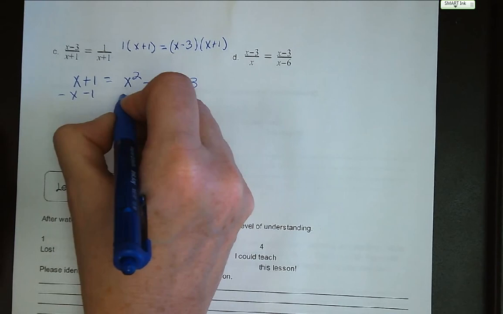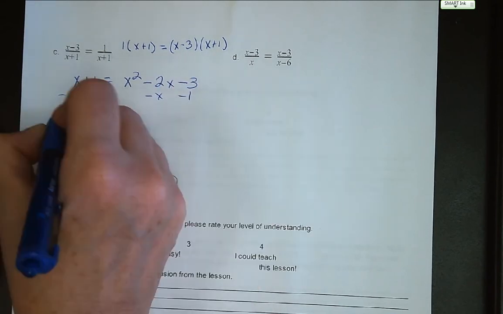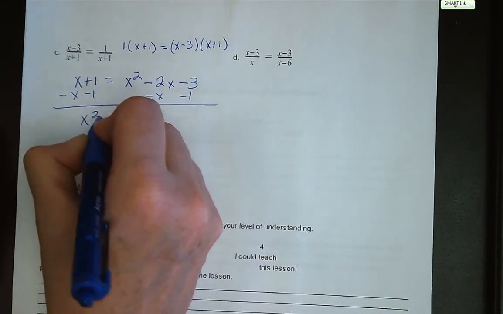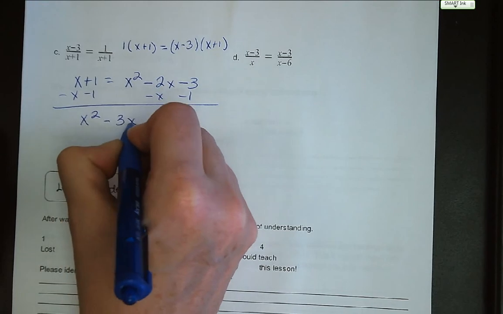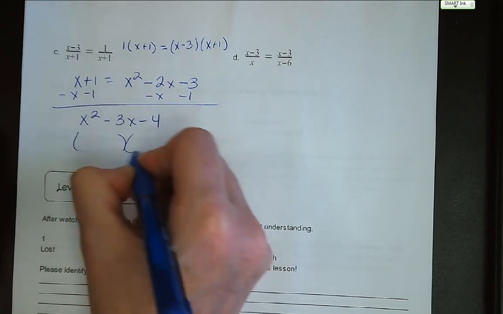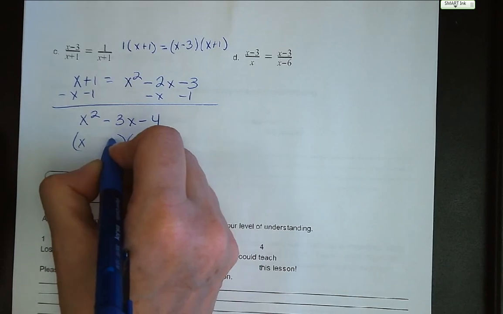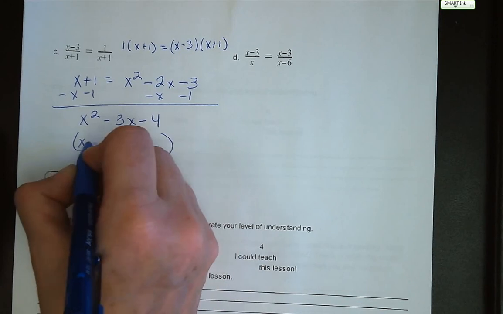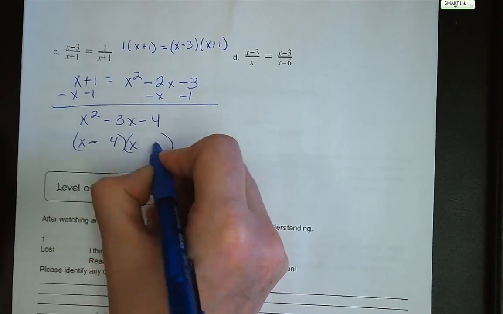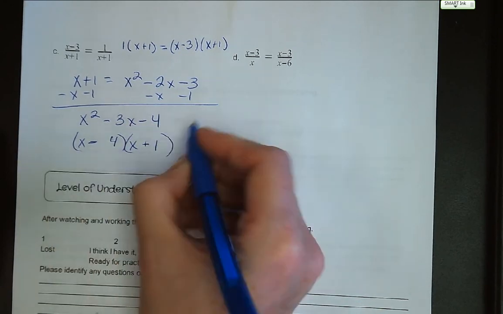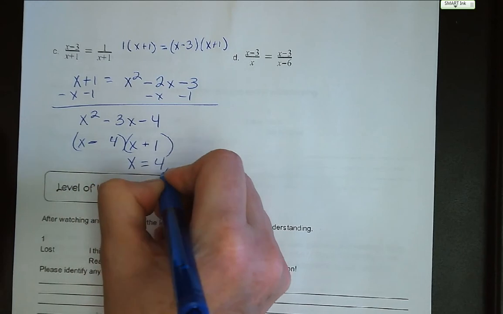Subtract x and 1 from both sides of our equation. And you are left with x squared minus 3x minus 4. So we're looking for factors of negative 4 that add up to negative 3. So you've got x minus 4 and x plus 1. So your 2 solutions are 4 and negative 1.